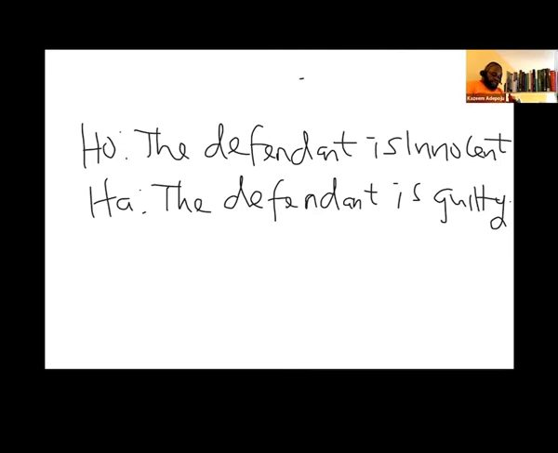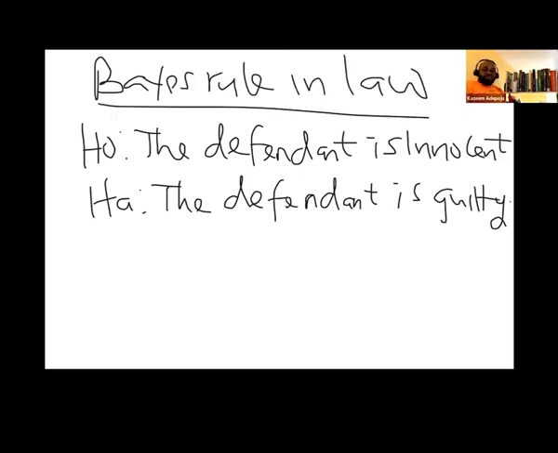Like I said, right now we are applying Bayes' theorem, the Bayes rule, in law. The null hypothesis: an accused person, according to the Constitution, is deemed innocent until the court of law proves otherwise.